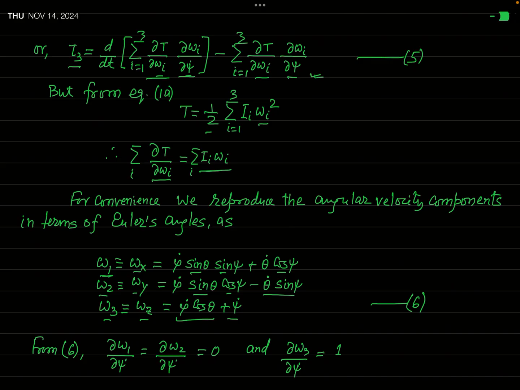And we also need the value of del omega I by del psi dot. Psi dot means generalized velocity, and omega I will have three values, for three values of I: omega 1, omega 2, and omega 3. So let us evaluate from this equation 6 the values of del omega I by del psi dot, okay. And you can see from here that del omega 1 by del psi dot, what will be that?